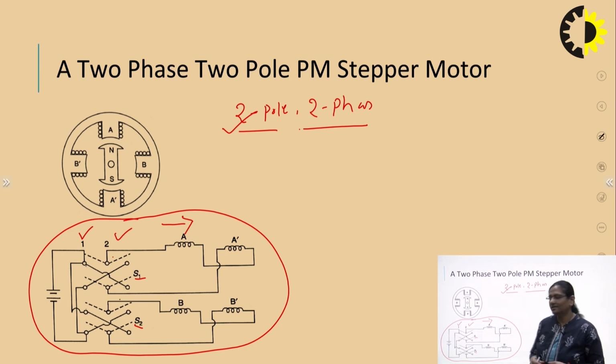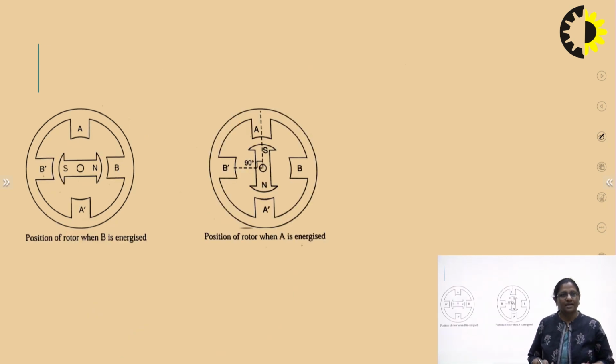So with the help of this simple circuit, we can have either positive phase current or negative phase current. Depending upon the same, the poles created by the stator would be decided. Let us consider this particular case, an example.